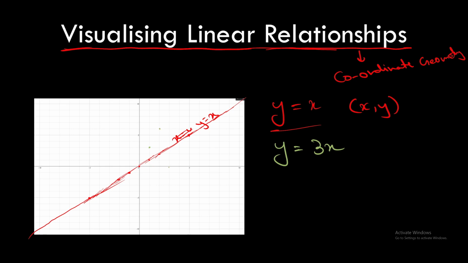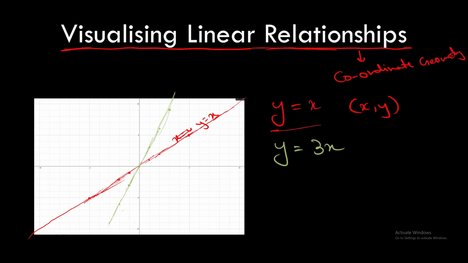And then for 3, it will be 9 right over here. And the same goes for the negatives. For x equal to -1, it goes to -3 and then -6. And then we can see another line is formed.